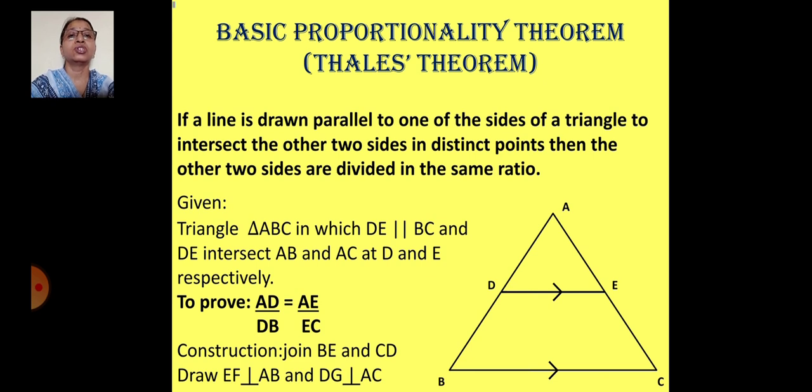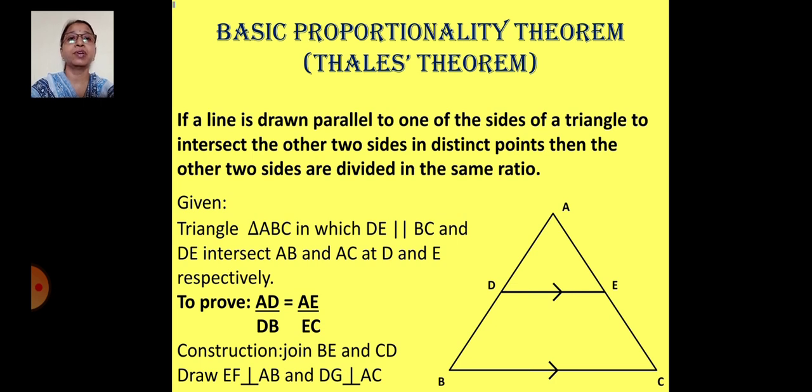Now children, this is the basic proportionality theorem. In short, we can say BPT. That abbreviation is allowed in the board exam. Or Thales theorem. You have to learn both the names. Either basic proportionality theorem or Thales theorem.